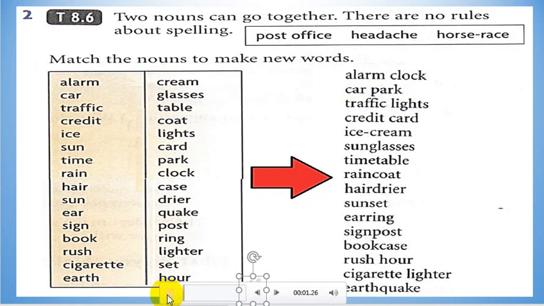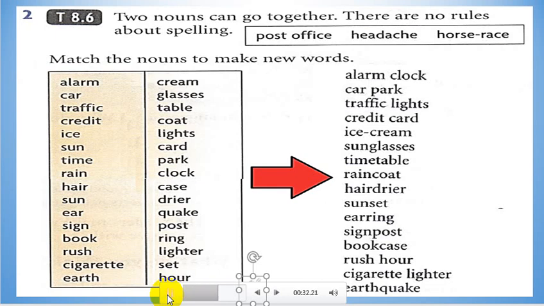Tape script 8.6. Alarm clock. Car park. Traffic lights. Credit card. Ice cream. Sunglasses. Timetable. Raincoat.